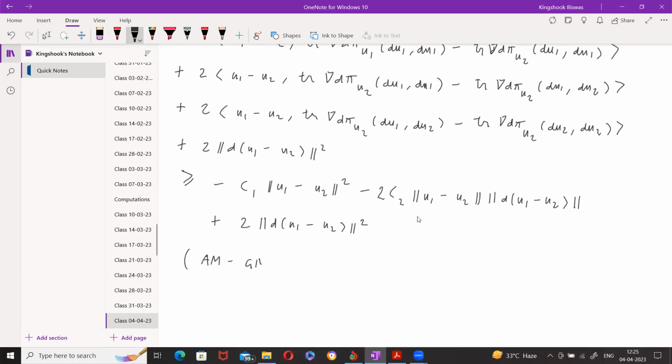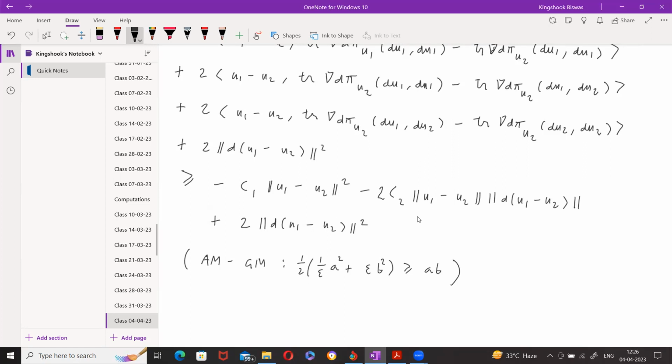So AM-GM will tell me that half of 1 over epsilon A squared plus epsilon B squared, that's the AM, is greater than or equal to AB, right?